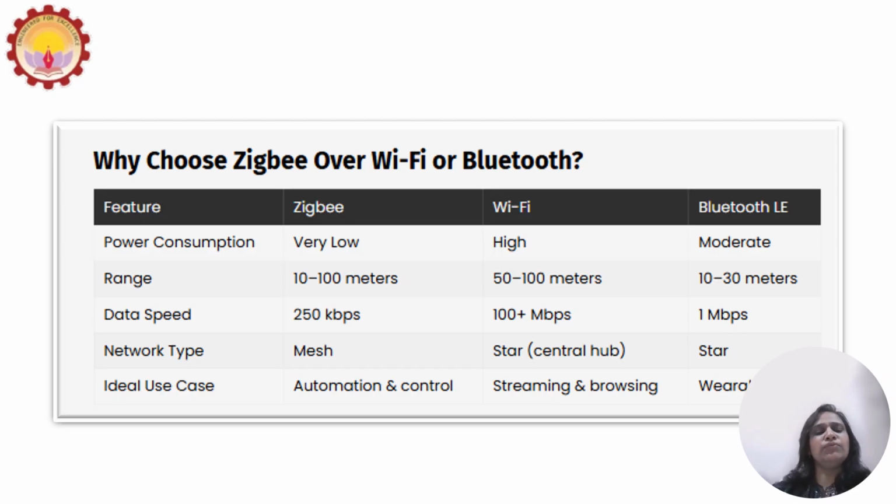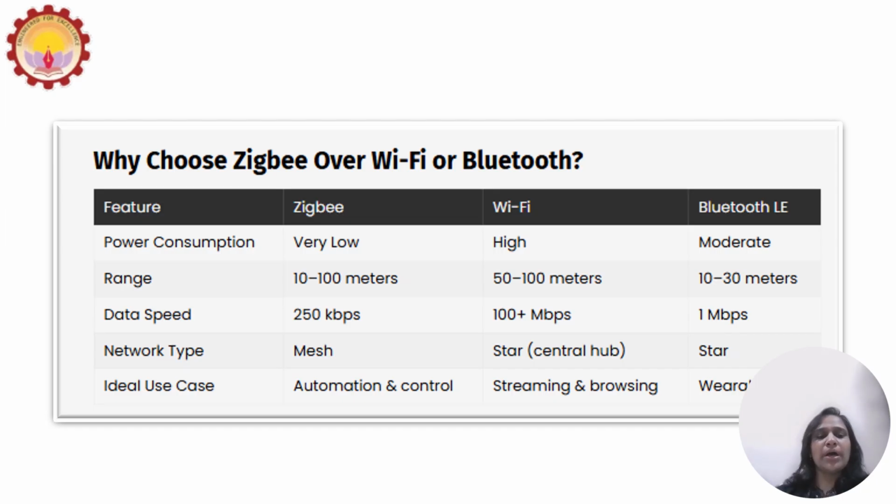When we talk about data speed, in ZigBee the speed of data is 250 kbps. In Wi-Fi, it is 100 Mbps, 100 plus Mbps in fact. In Bluetooth, it is 1 Mbps. When we talk about network type, ZigBee uses a mesh network, whereas Wi-Fi uses a star network, and Bluetooth also uses a star network.